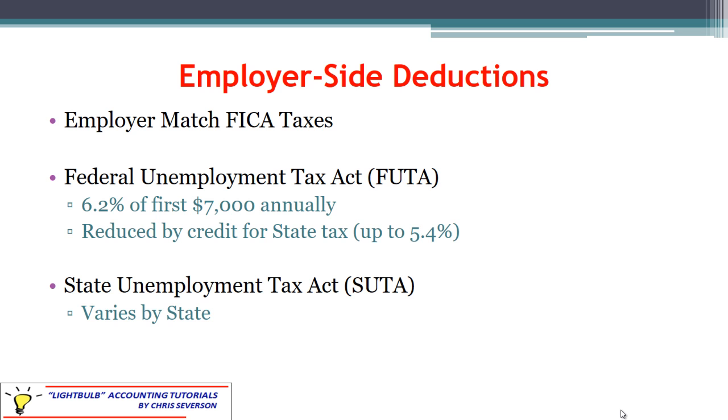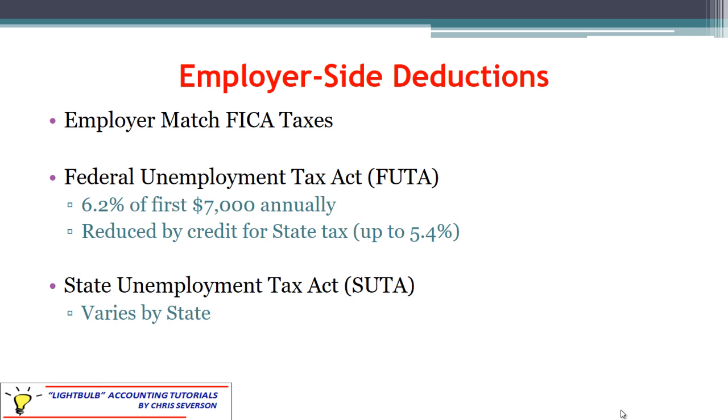So if they withheld $1,000 from your paycheck, they would also chip in an extra $1,000, and the $2,000 would be paid in total to the government. So that's a new, or I should say, an additional tax for the employer.